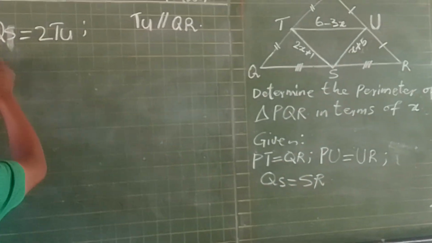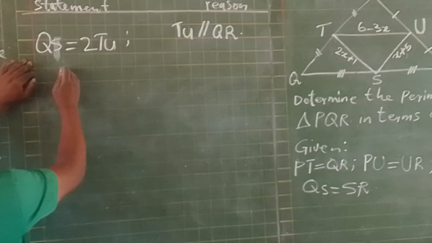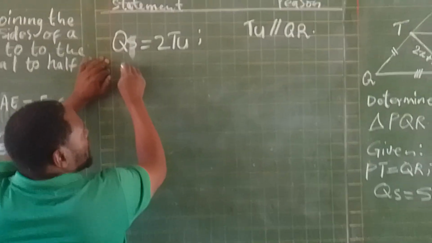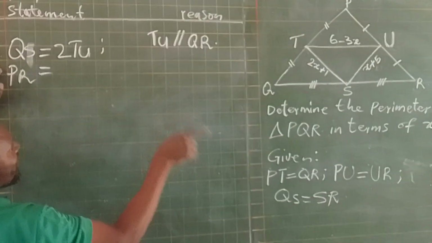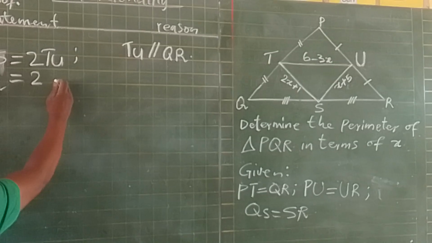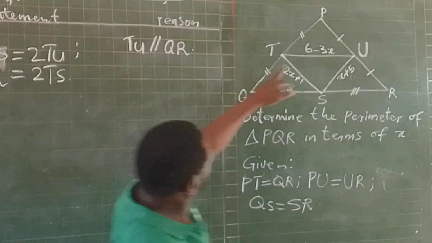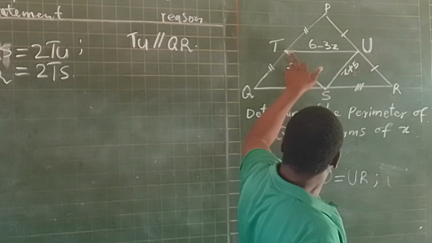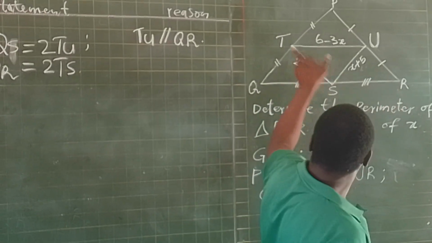The second statement is PR is equal to 2 times TS. You see, this is twice TS, this is twice TU.